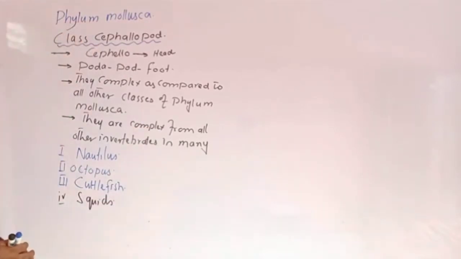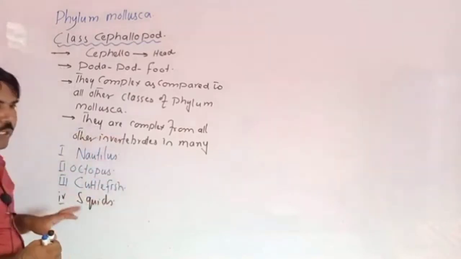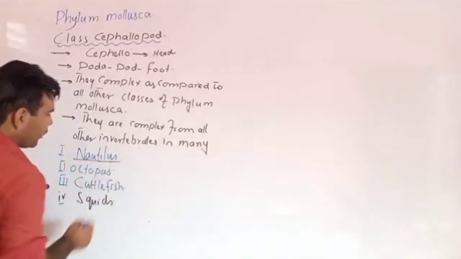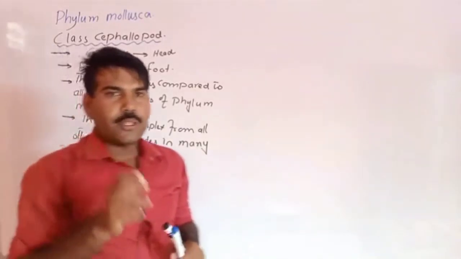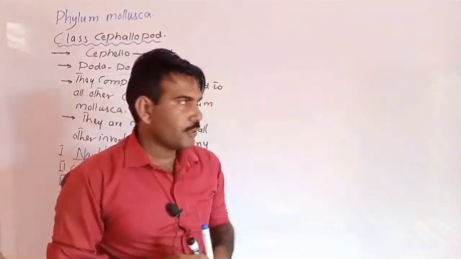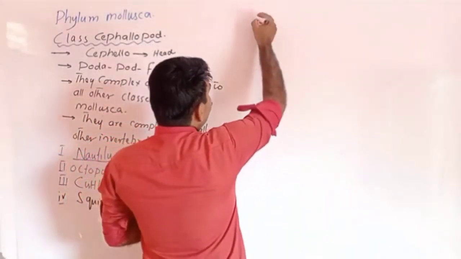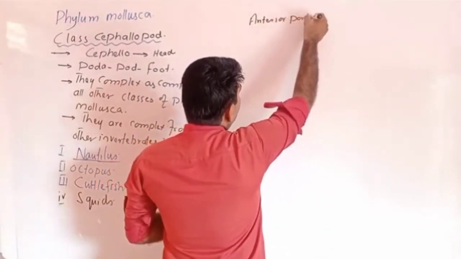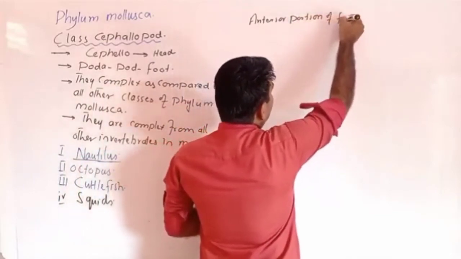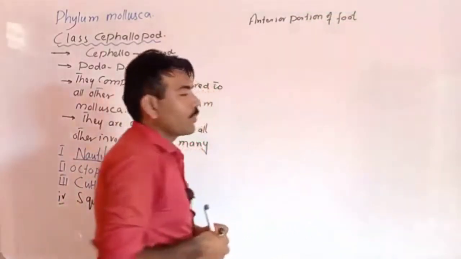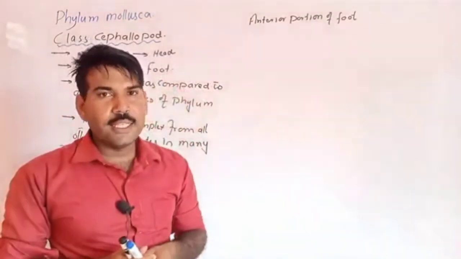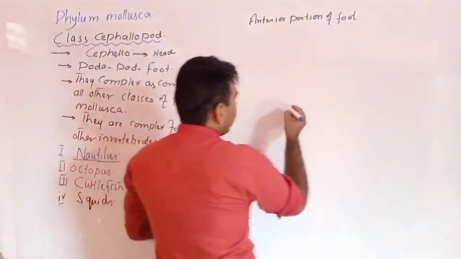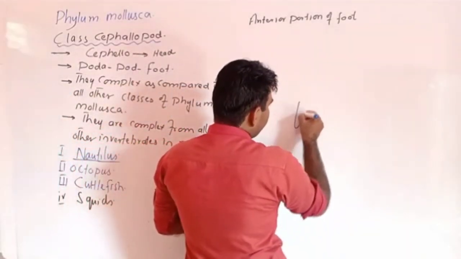Now we are going to discuss one of these examples as a reference animal. We will take Nautilus to understand how the body structure of these members is arranged. If we talk about the anterior portion of the foot, which is known as the head, it contains tentacles, which are arm-like structures.